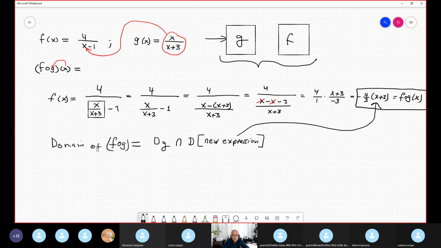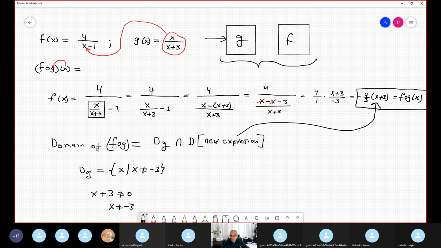So what is the domain of g? When I come back to g, the domain of g is all real numbers except negative 3. How do you know that negative 3 is a bad guy? Because you take the denominator, no 0, it's obvious that x is not negative 3. And what is the domain of the new expression?